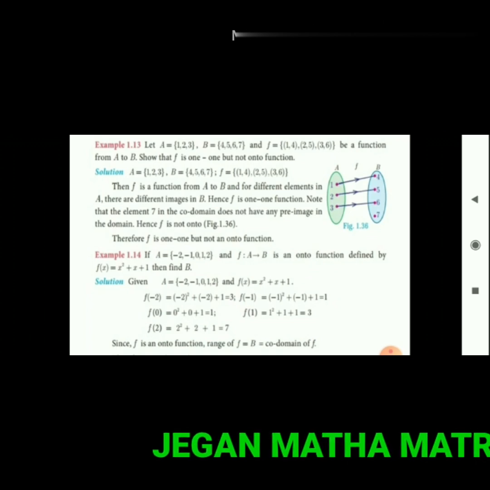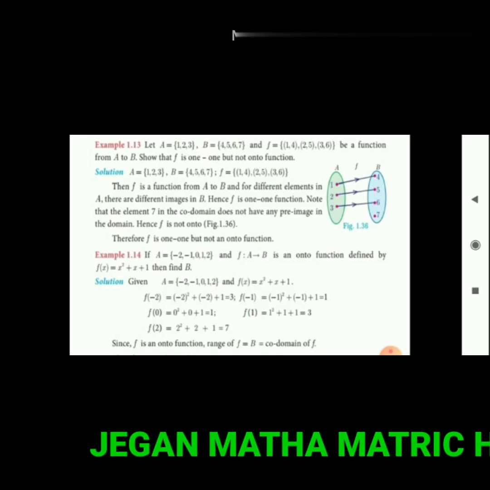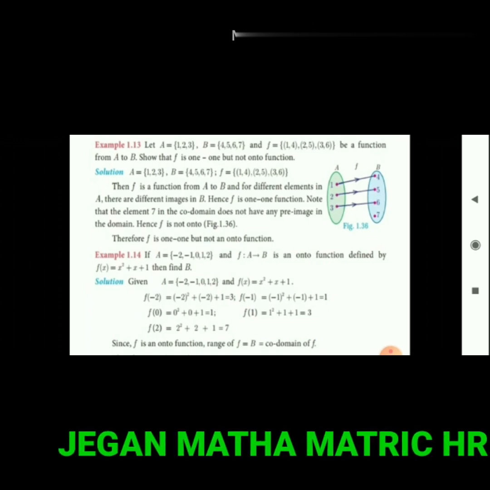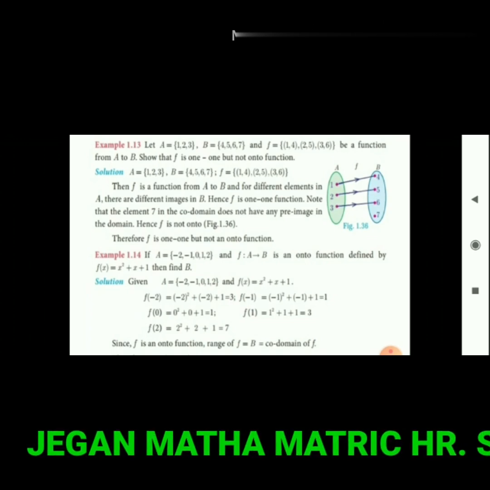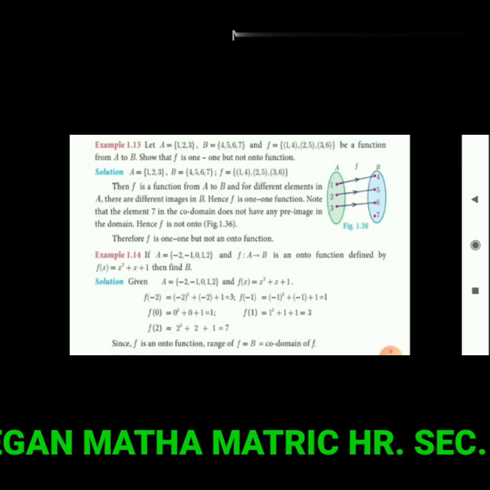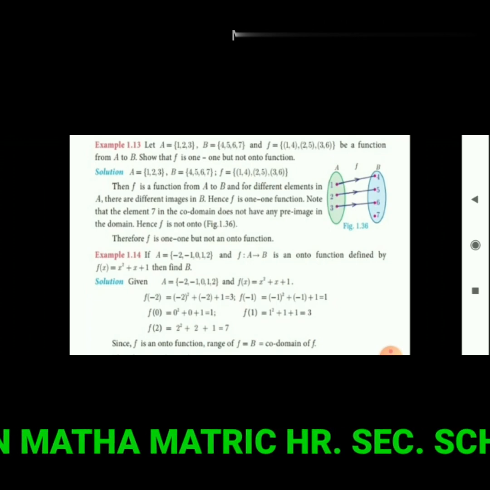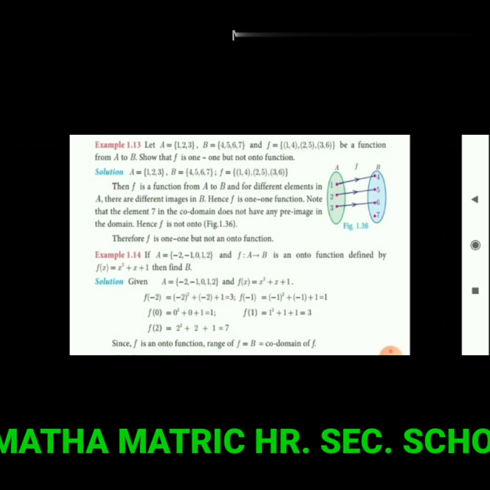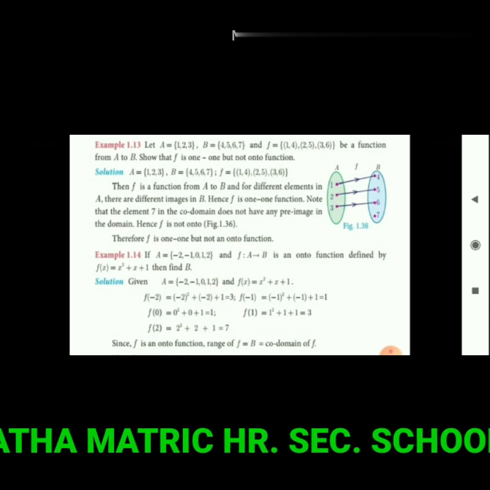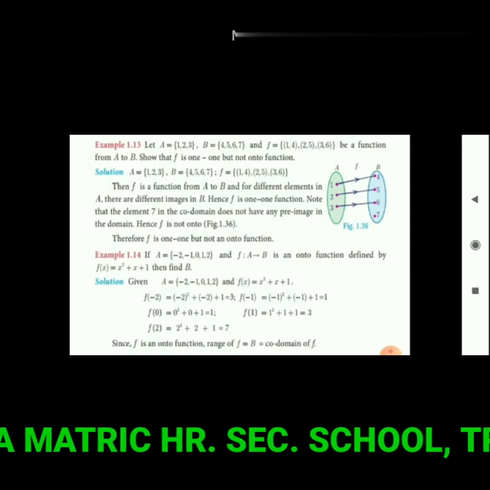In another example, set A contains 5 elements -2, -1, 0, 1, 2, and f: A to B is an onto function defined by f(x) = x squared + x + 1. Then find B. The given function is f(x) = x squared + x + 1.